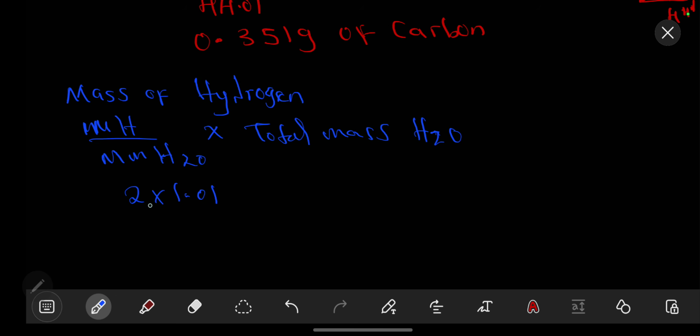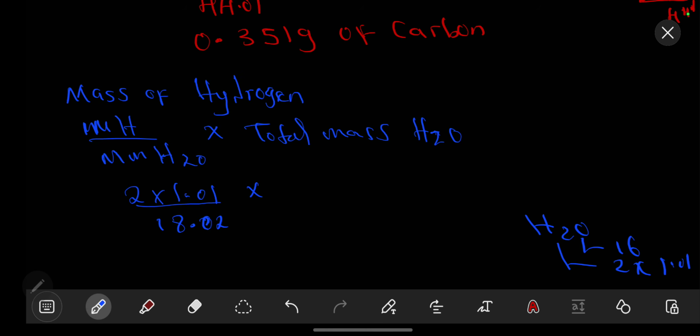Then we divide by the molar mass of water, which is 16 plus 2 times 1.01. So we find that the molar mass of water is 18.02. Then we multiply this with the actual mass that is present.